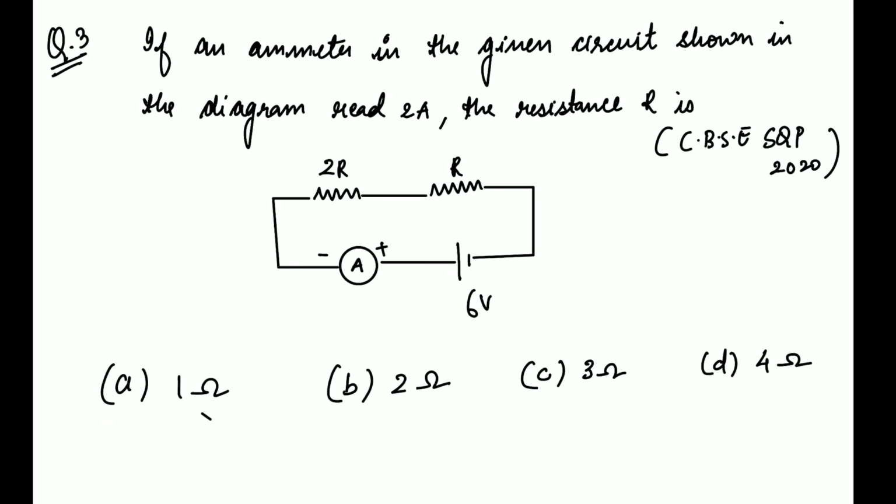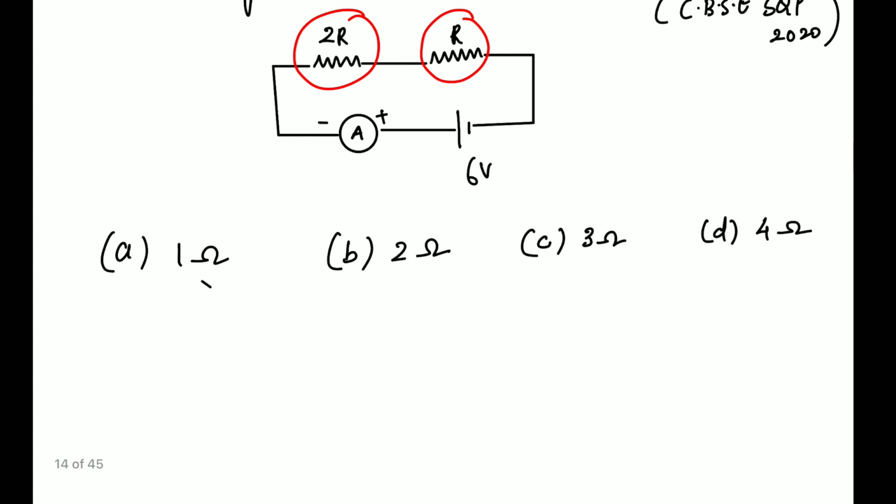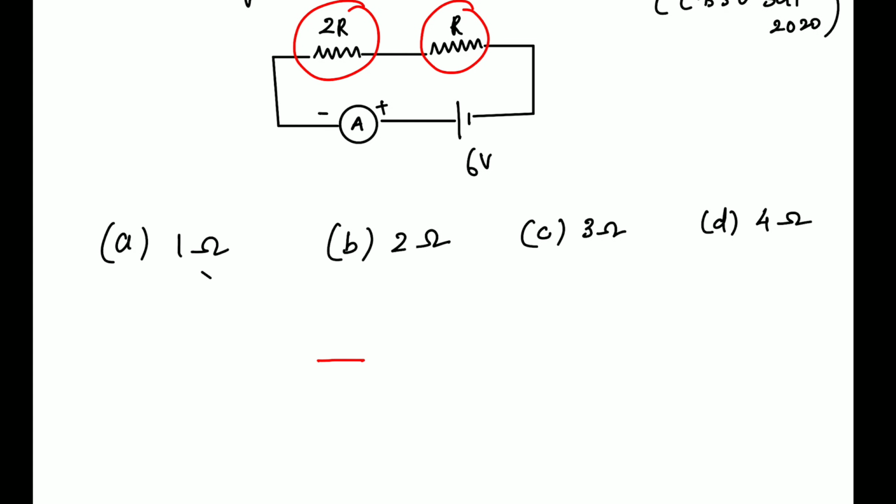Okay, so basically I have these two resistances in series. When they are in series, I can replace them with an equivalent resistance, and the value of the equivalent resistance will simply be 3R, because in series the resistances add up, right? Yes or no? So you have this ammeter, which shows you the value of current.